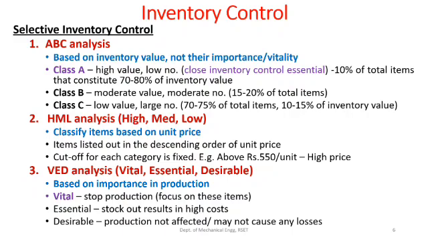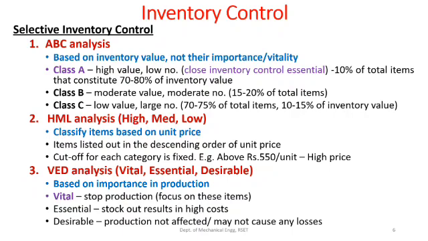So class A items generally account for 10% of the total items in terms of quantity of total items that are maintained. They only form 10%. But in terms of their inventory value, they constitute about 70 to 80% of the total inventory value.